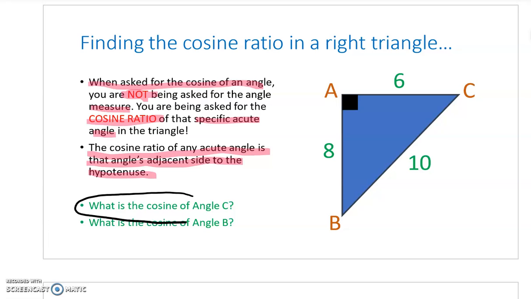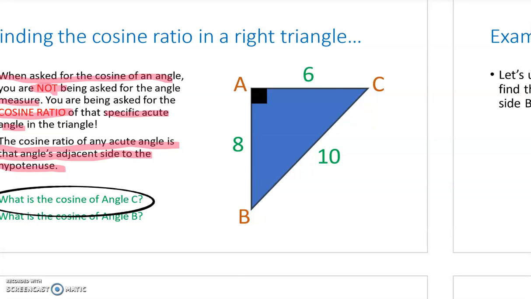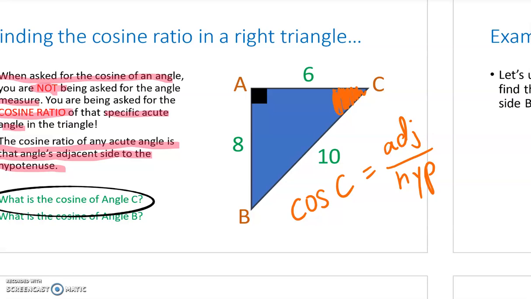What is the cosine of angle C? So let's look it up here. Angle C is right here, this angle in the top corner. The cosine ratio says that the cosine of angle C is equal to the adjacent side to angle C divided by the hypotenuse. So the adjacent side to angle C is going to be 6.